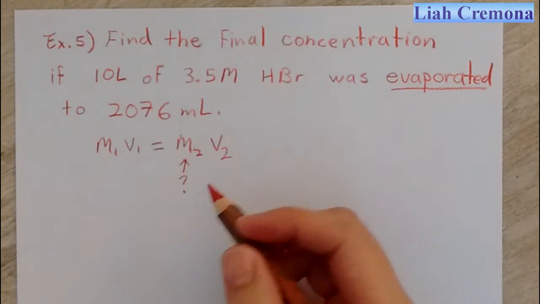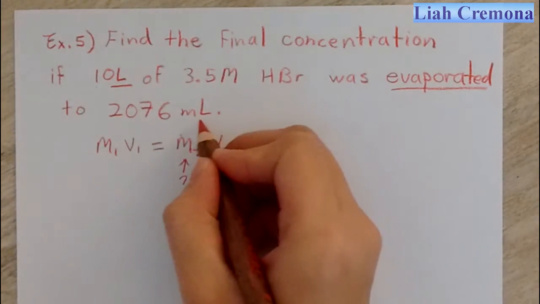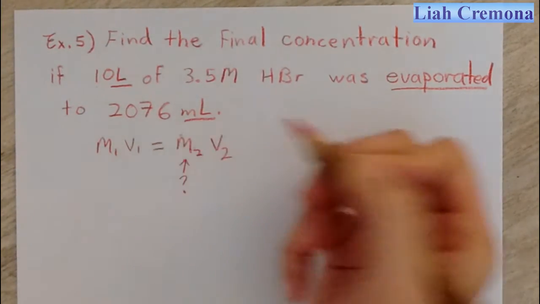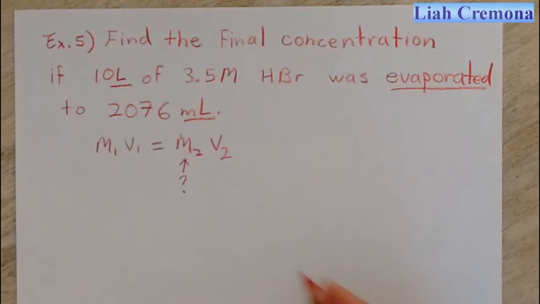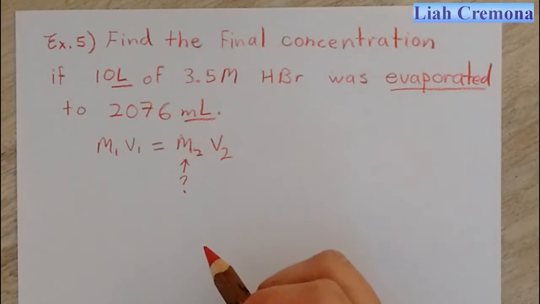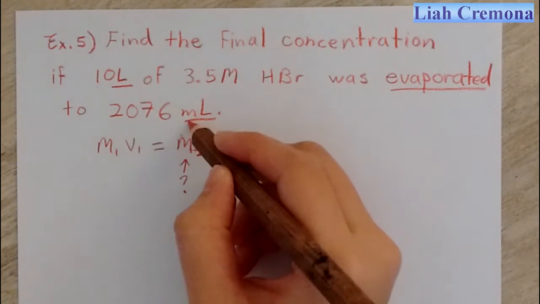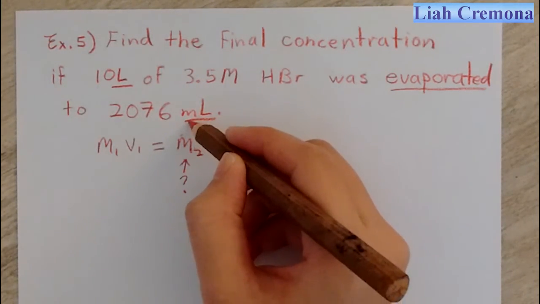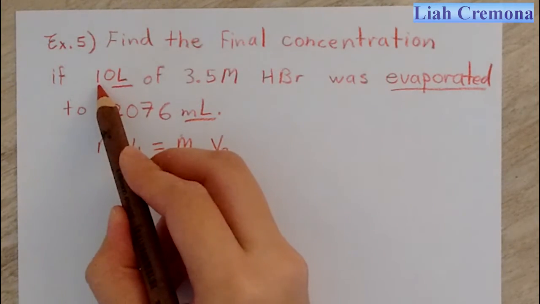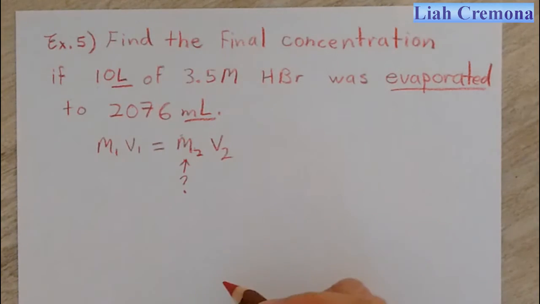Now, here we see that there are the units of liters and milliliters. To work these two together, we must have a common unit. So we can either convert this number of milliliters to liters, or we can convert this number of liters to milliliters. It's your choice.